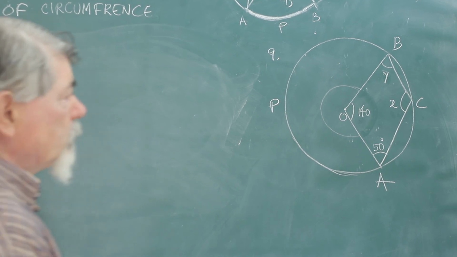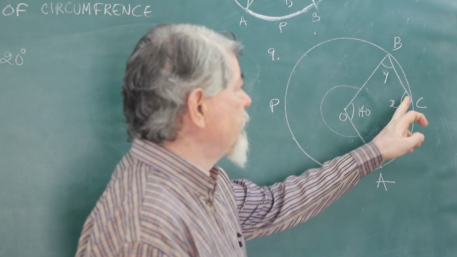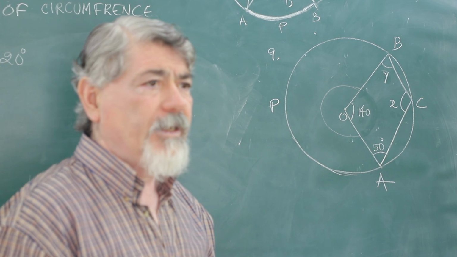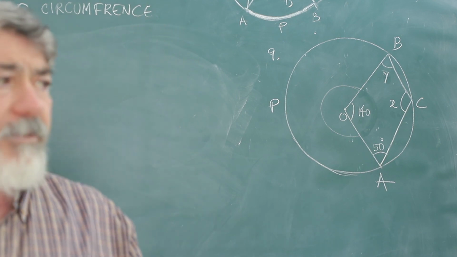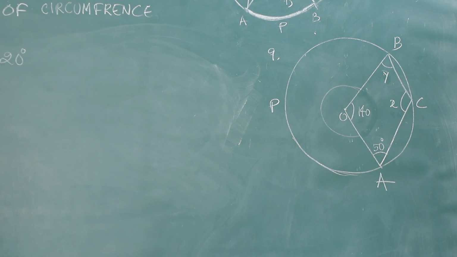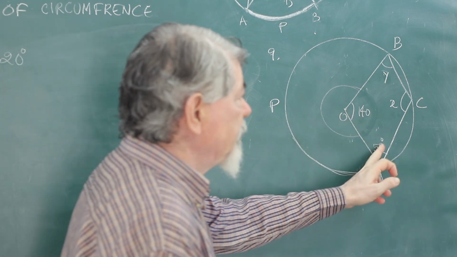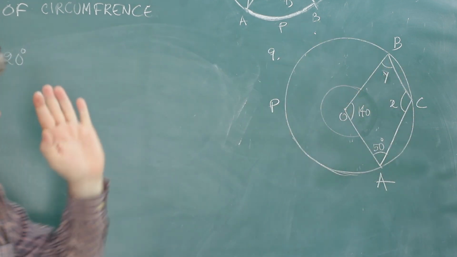Now this is a quadrilateral. OACB is a quadrilateral. Any plane closed figure bounded by 4 straight lines is a quadrilateral. And the sum of the interior angles of a quadrilateral is always equal to 4 right angles. That means the sum of all these angles will be 360 degrees.